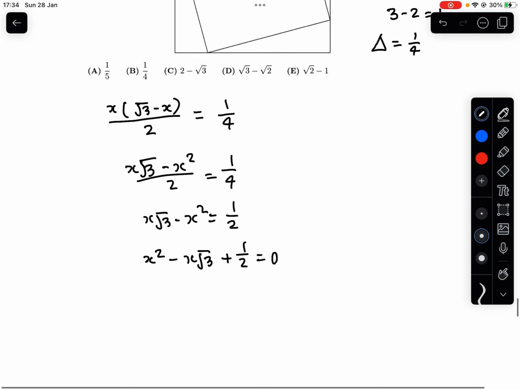Now we can use the quadratic formula, and using the quadratic formula, we should get x equals root 3 plus or minus 1/2.